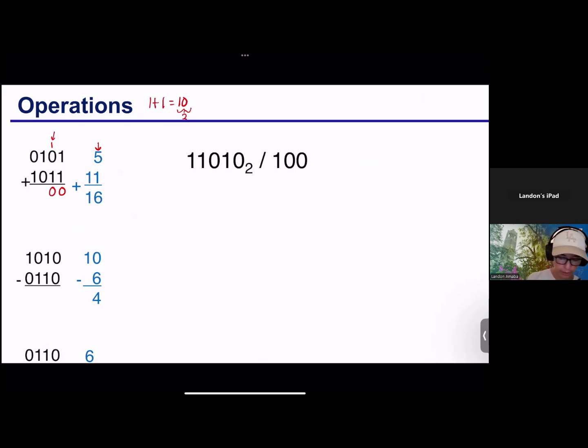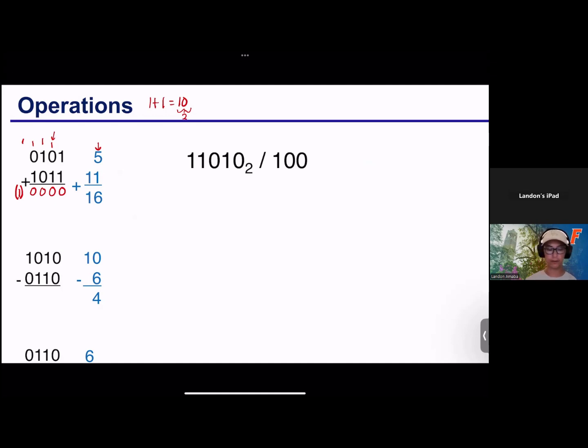So we'll do 0 and we'll carry our 1. And then same thing, 0, carry our 1. And then we'll do 0 and we want to carry our 1, but you can see there's no number we can carry it to. So off to the side here, I'll put in parentheses our 1, which is what we're going to call our overflow, which means we can't express this new number in 4 bits.